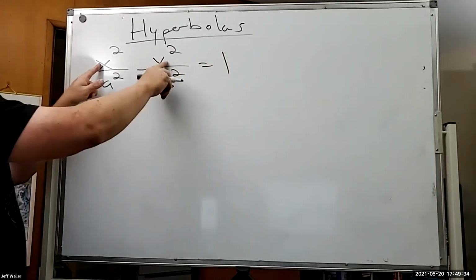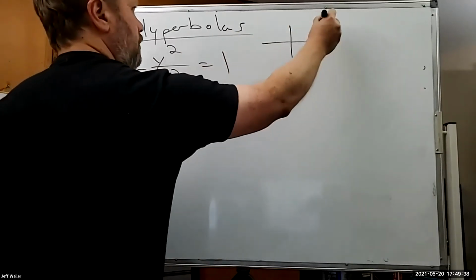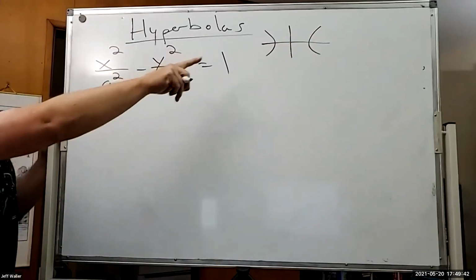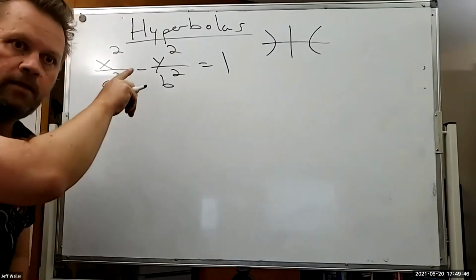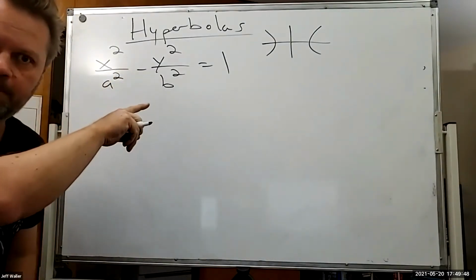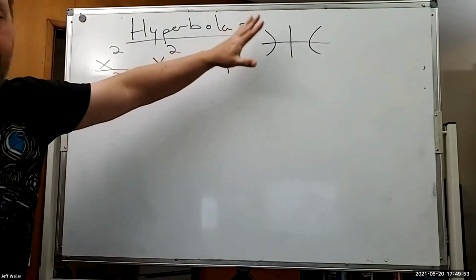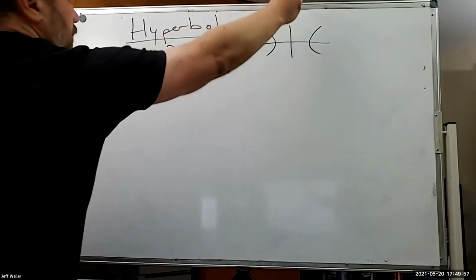I could switch these around. The way I've written it so far, it would be a hyperbola opening like this on the x-axis because the x is positive. We talked about that yesterday. We talked about the fact that there can't be any y-intercepts, which leads to that picture. It's like it's avoiding the y-axis, right? If I turn these around, it'd be up here and down there.